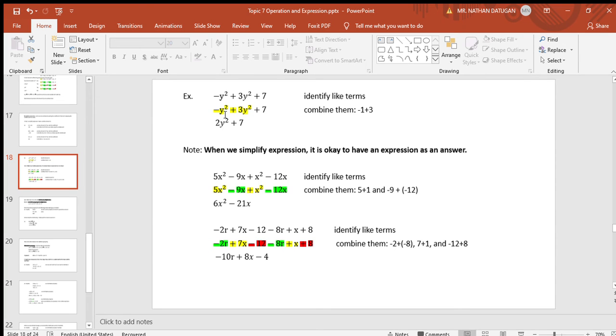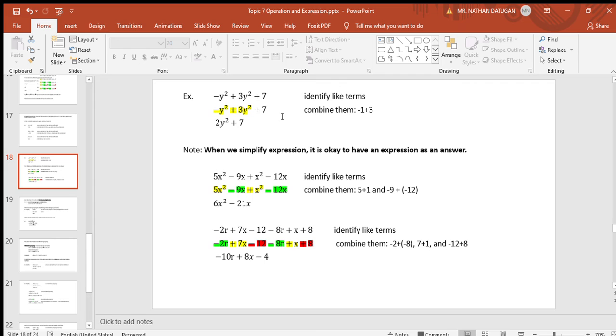So we're just going to combine like terms. In this case, the like terms are negative y squared and 3y squared. So this is a coefficient of negative 1, and this is a coefficient of 3. So negative 1 plus 3 should give you guys 2. And we're just going to copy the variable part, y squared. So it's going to be 2y squared.